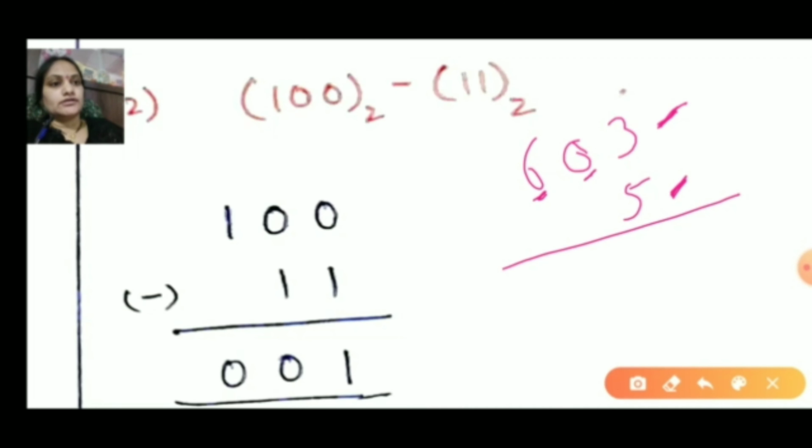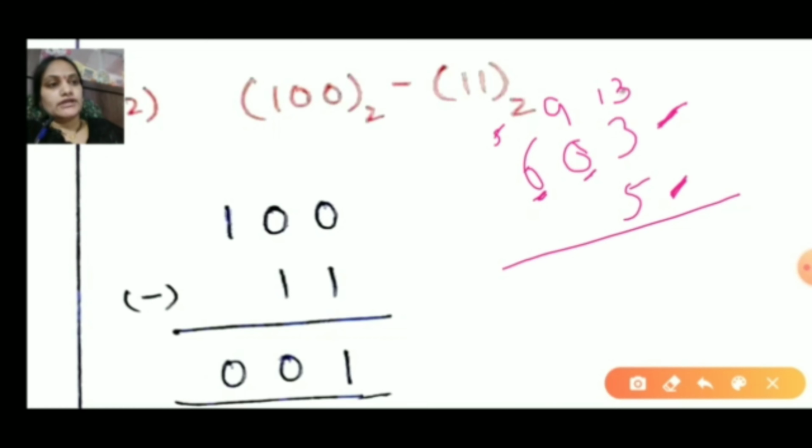So 6 will give one borrow to 3. Now 3 becomes 13, and 6 becomes 5. That means you have to decrease that digit by 1. And what about this 0? The 0 becomes 9. Why? Because 9 is the highest digit in the decimal number system.